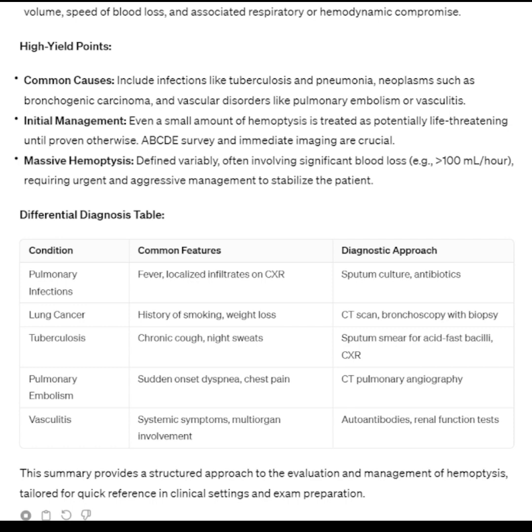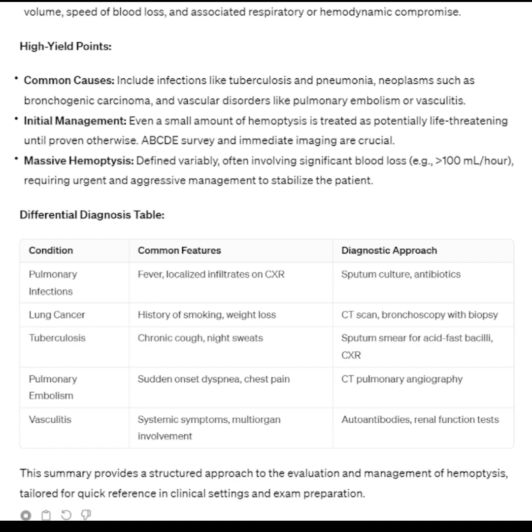Differential diagnosis table. Condition, common features, diagnostic approach. For pulmonary infections: fever, localized infiltrates on CXR, sputum culture, antibiotics. Lung cancer: history of smoking, weight loss, CT scan, bronchoscopy with biopsy. Tuberculosis: chronic cough, night sweats, sputum smear for acid-fast bacilli, CXR.